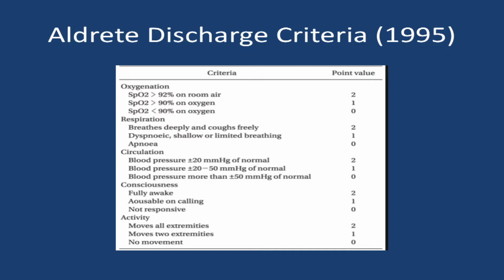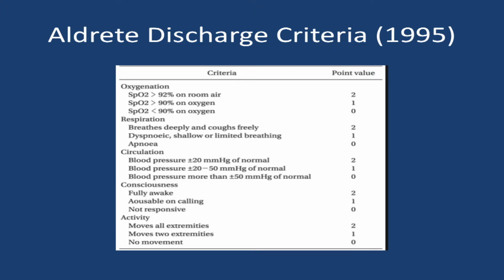Respiration: the patient's breathing deeply, coughs freely, and the coughing is not associated with recovery, or something like asthma, but is associated with the sedation drugs that were given. The patient breathes deeply, and the secretions that were building up while they were asleep under general anesthesia are being swallowed as appropriate, and that means that the patient's recovering very well and the swallow reflex is intact.